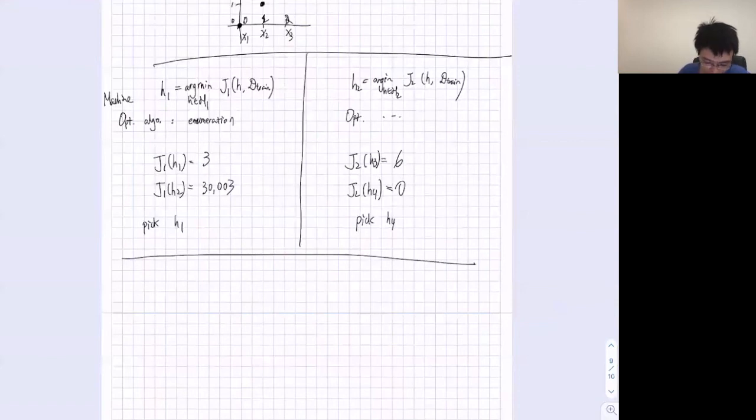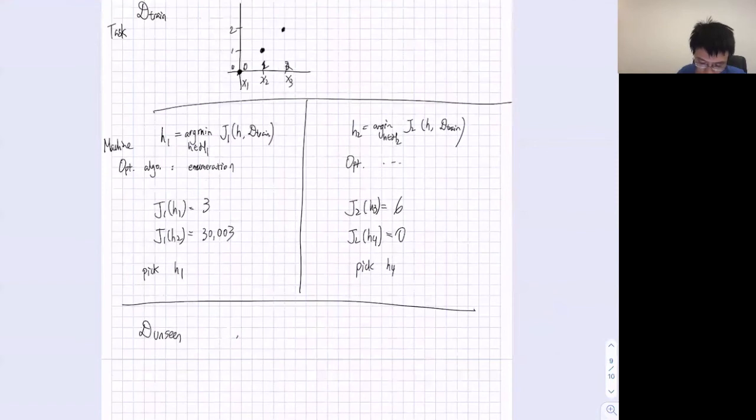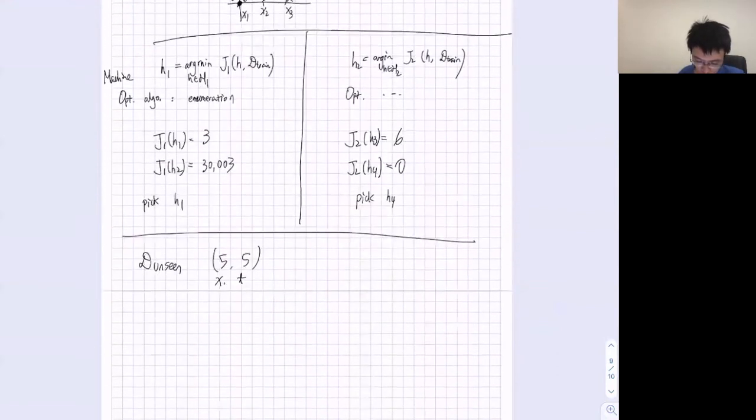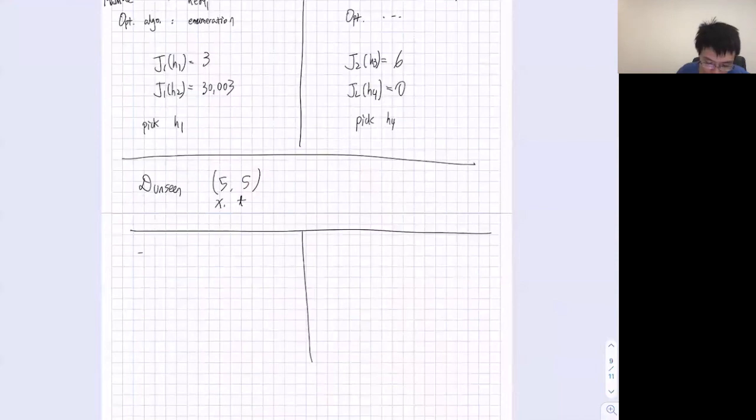What happens with the test phase? So now in the test phase, I'm provided with the D unseen. So D unseen, we assume it's 5 and 5. Okay, so X is this and target is this. So now we would like to evaluate the measure of success, which is the error. Error is usually on my unseen set.